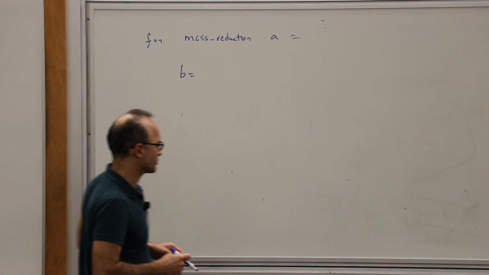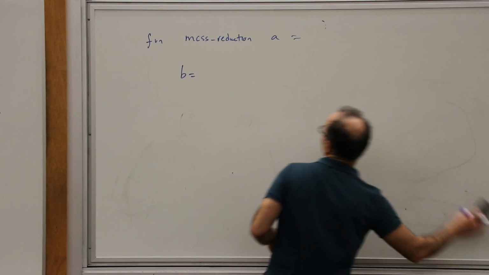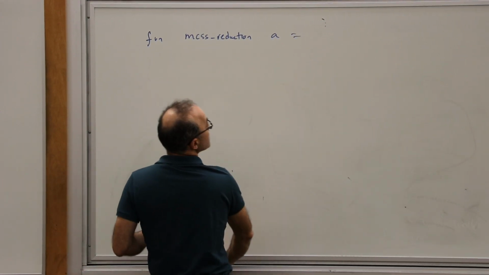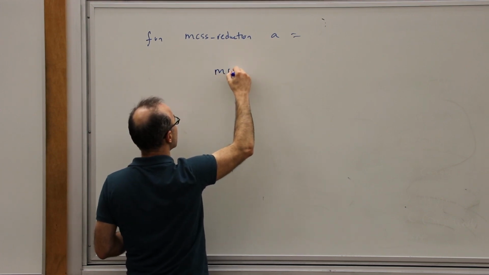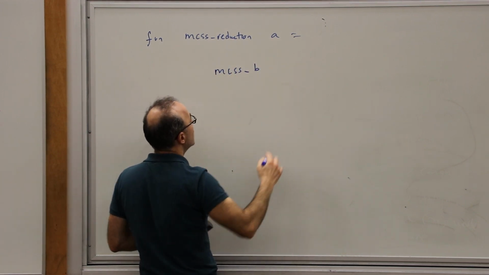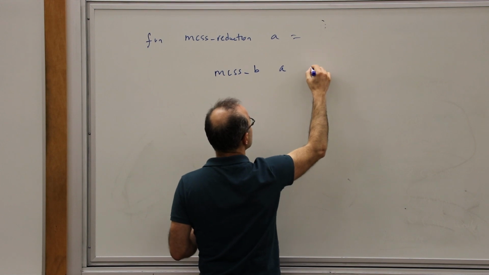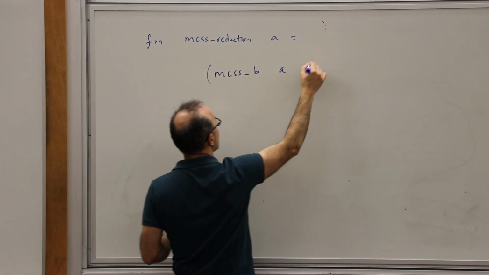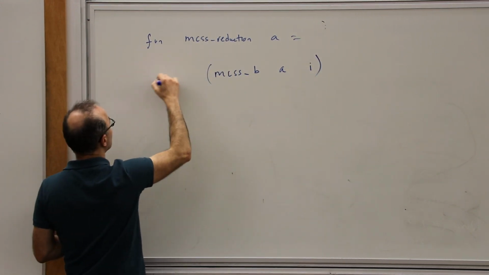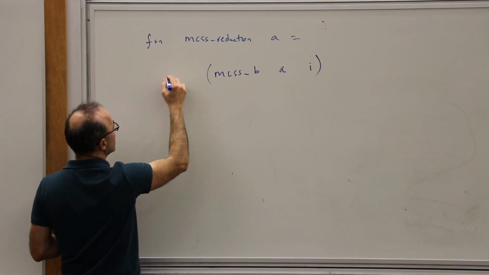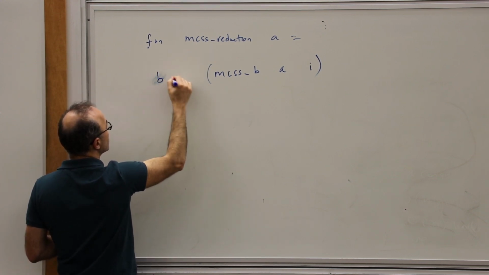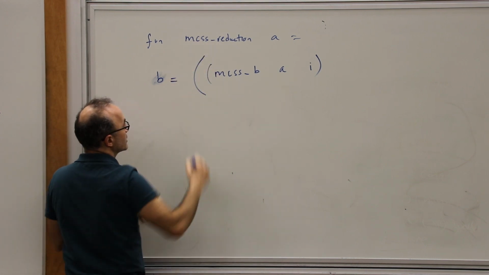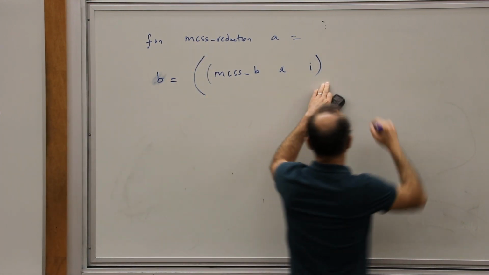We just need to map, right? We don't need to do anything. So we want to call MCSSB on all i's, and let's call that sequence B, a sequence for all I.